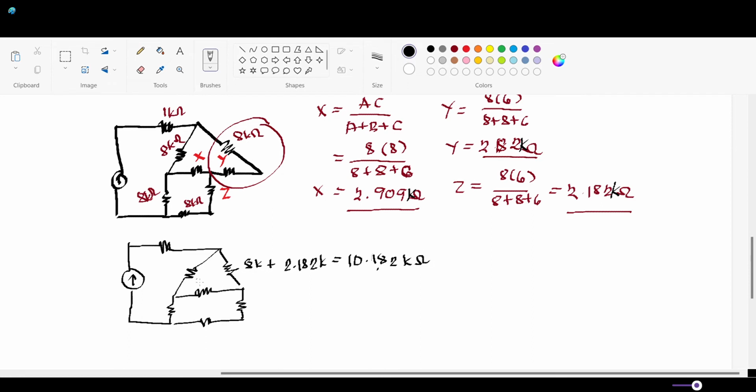This is X, 2.909 kilo ohms. This is Z, 2.182 kilo ohms. This is 8 kilo ohms, 8 kilo ohms, and 1 kilo ohm and 8 kilo ohms.